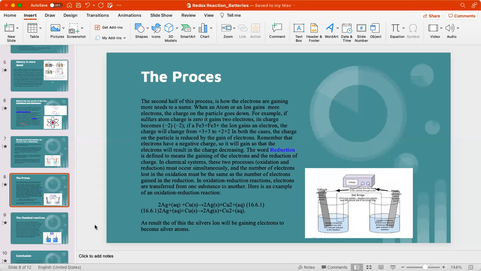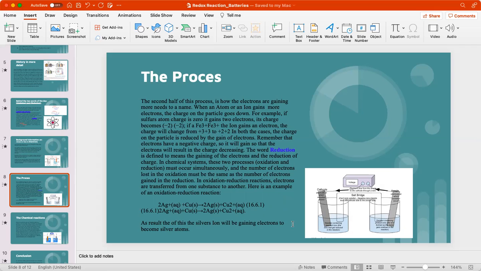For example, if a sulfur atom with zero charge gains 2 electrons, its charge is reduced. In both cases, the charge on the particle is reduced by the gain of electrons. The word reduction is defined to mean the gain of electrons and reduction of charge.